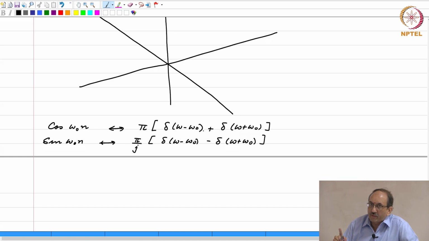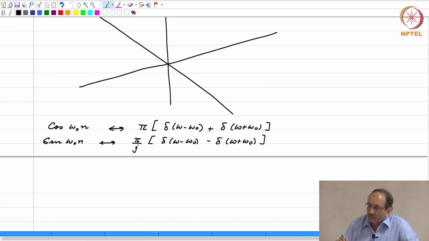But in the CTFT case you had only one impulse at plus omega naught and another impulse at minus omega naught. In the DTFT, because by definition it is periodic, when you write something like this, the periodicity is clearly not explicit. In fact, it is not periodic the way it is written.